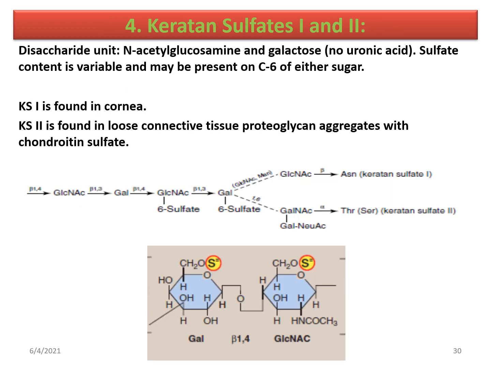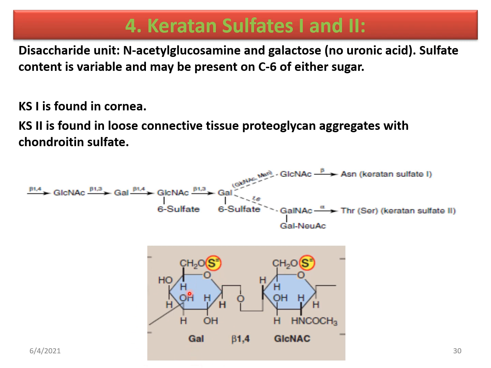Concerning keratan sulfates 1 and 2, they consist of repeating disaccharide units. The disaccharide unit in keratan sulfates 1 and 2 consists of N-acetyl glucosamine and galactose.